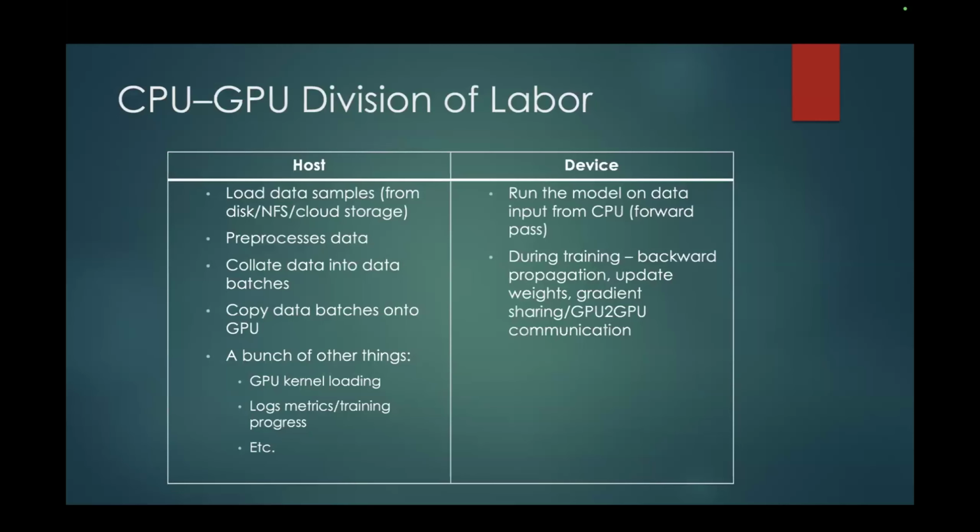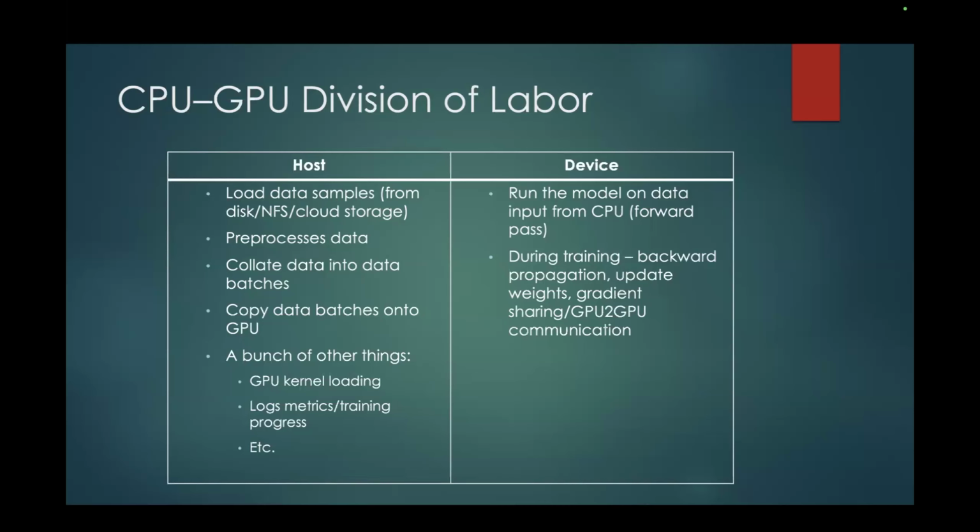So in a standard training scenario, the CPU and GPU have a clear division of responsibilities. The host, or the CPU, is responsible for loading data samples from disk, from NFS, or from cloud storage, pre-processing the data, collating the data into data batches, and copying data batches onto the GPU.